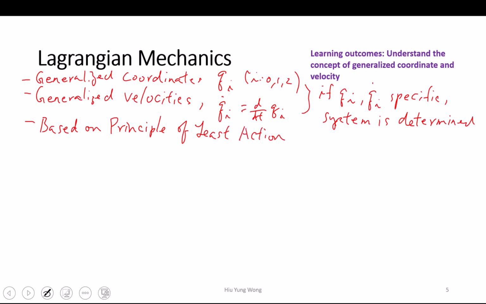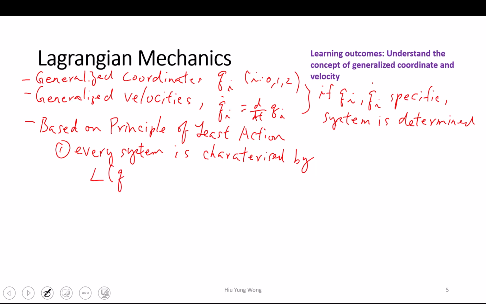This is basically just an integration. And what do we get? We say that every system is characterized by a function called L.